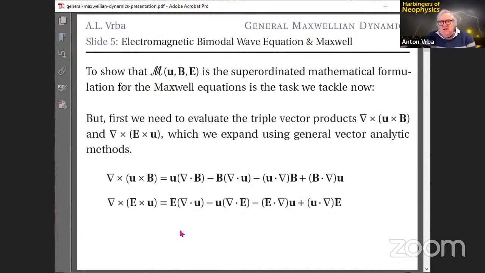It's the vector algebra, the back-cab rule, which are the first two terms. But because the nabla, or the curl, is a differentiation, we get these two extra terms that come behind it. You'll find these equations in any vector analytical textbook.